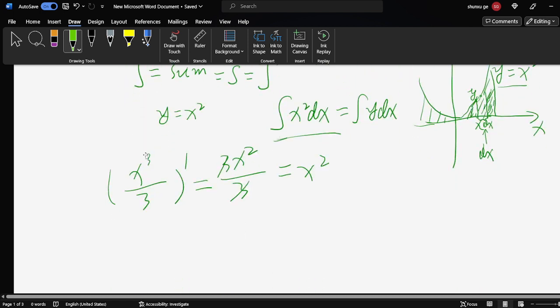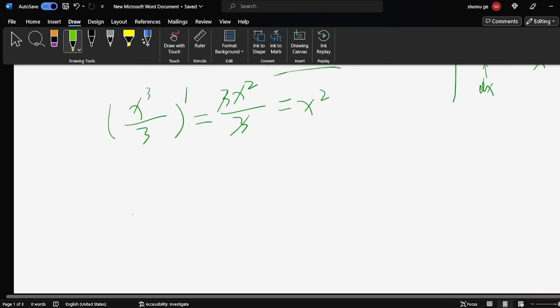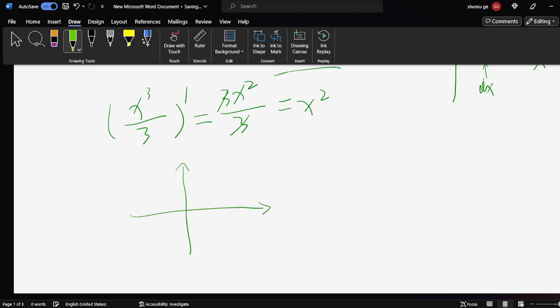So even here, what is the derivative? The derivative is here. Just for example, some line like x cubed, it's hard to write.